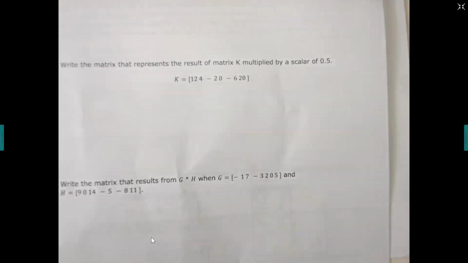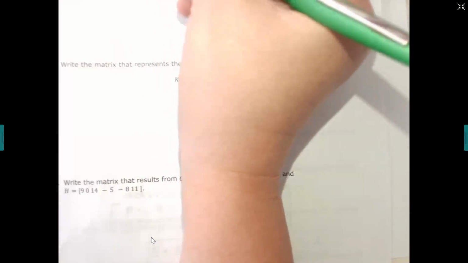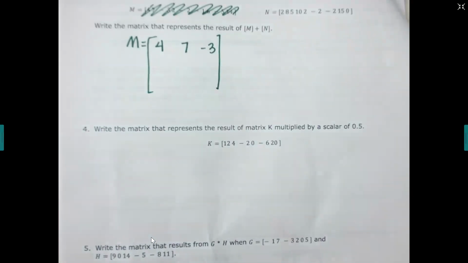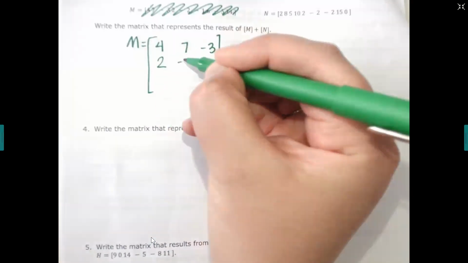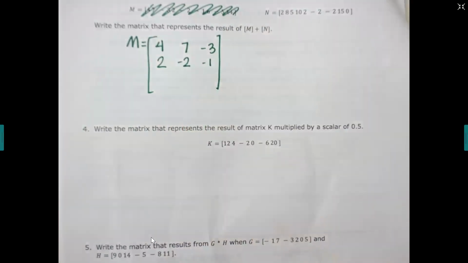Okay, your M. We're just gonna scribble it out and redo it. M should be 4, 7, -3. 2, -2, -1.